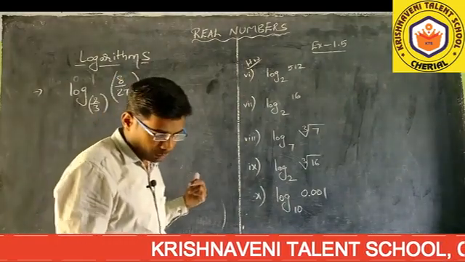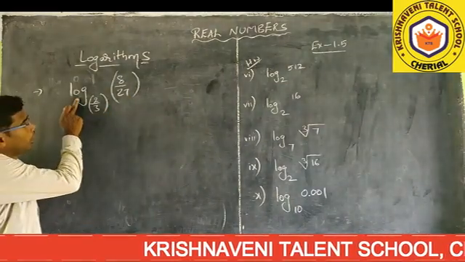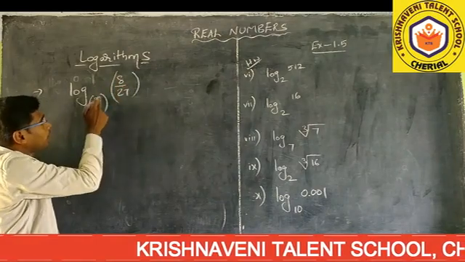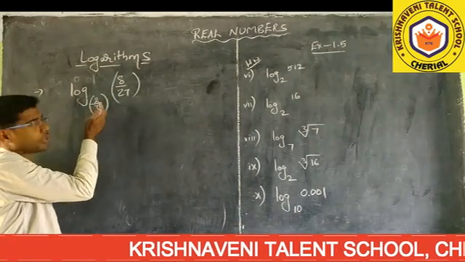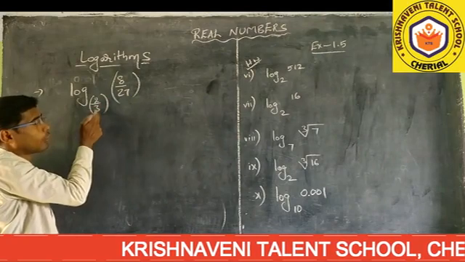Now here he has given one problem, and we have to find this value. Already you observe: what is the number here? The number is 8 by 27 and the base is 2 by 3. Which one is the smallest here? Obviously 2 by 3 is the smallest. So 8 by 27 you have to bring into the form of 2 by 3.